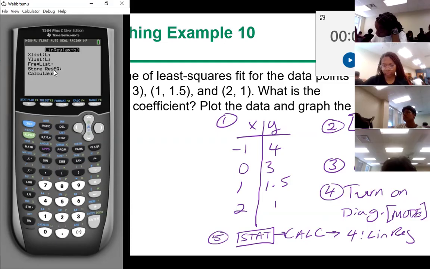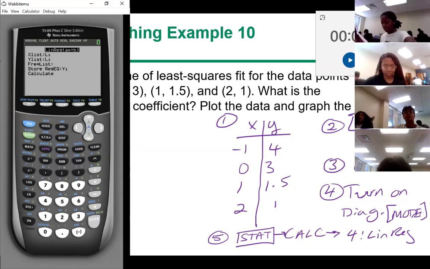So where it says store regression equation, this is your option for the calculator to automatically type it for you. Okay. Could you type it for yourself? Yes. But if you want to use this feature, you press alpha trace and you can say, I want you to type it in Y1 for me. That's all that does. So alpha trace allows it to type it in Y1 for you.